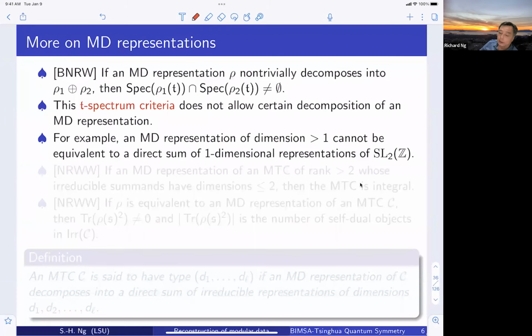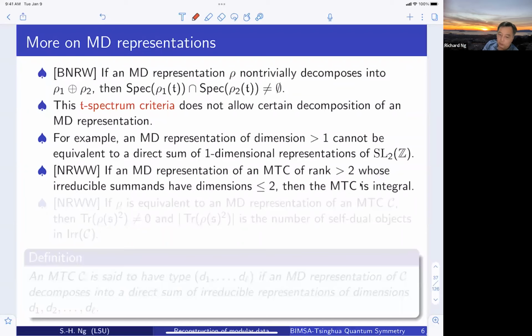The answer is not possible, because if it were true, according to this T-spectrum criterion, all these one-dimensional representations are actually the same. You end up getting an S matrix which is a scalar multiple of the identity. That will never happen, because the S matrix must have a non-zero row which represents the dimension. So this is one immediate application.